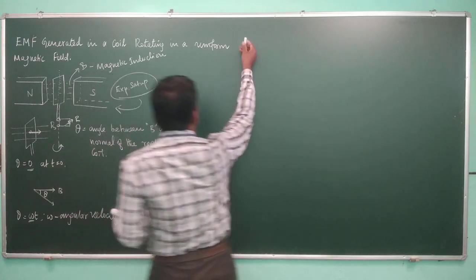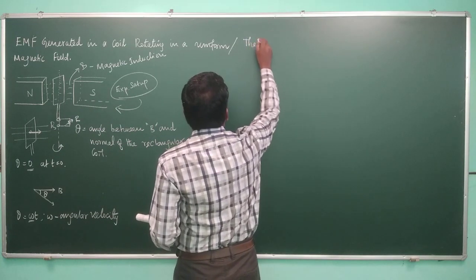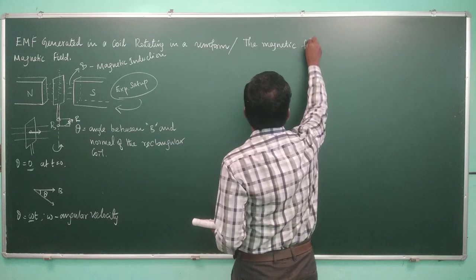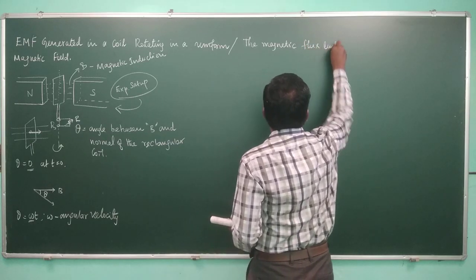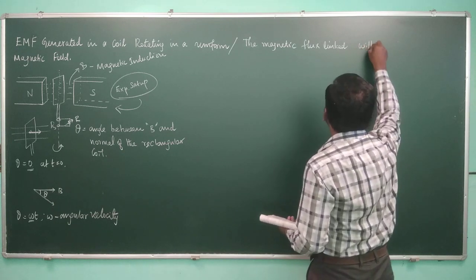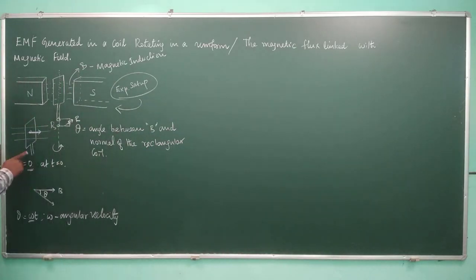Now let's write the expression for the magnetic flux linked with the coil. See, we have said this is a rectangular coil, and assume that it has N turns, its length is A, breadth is B, so that area is equal to AB.